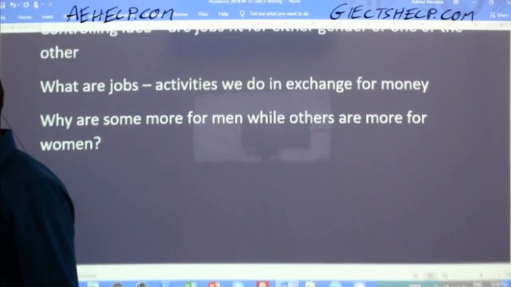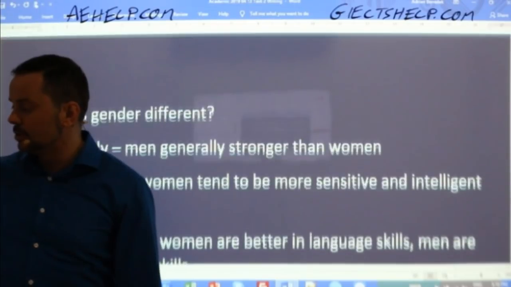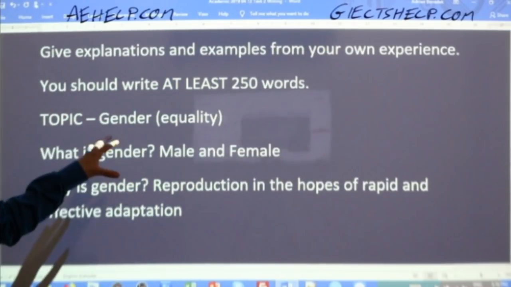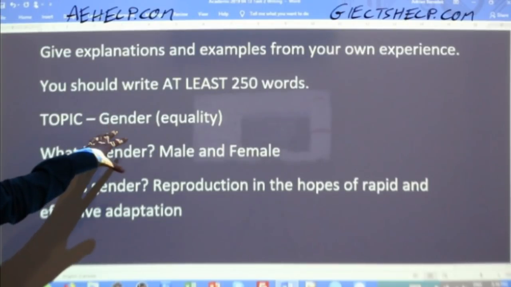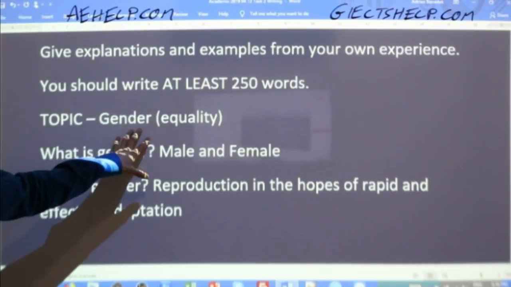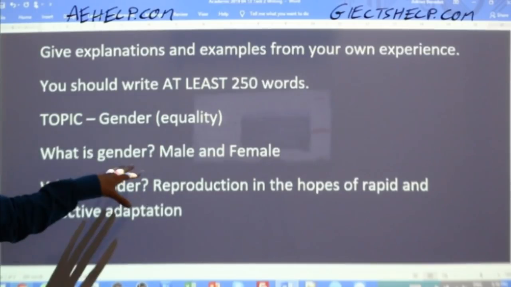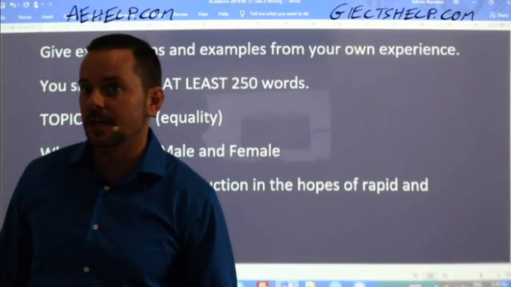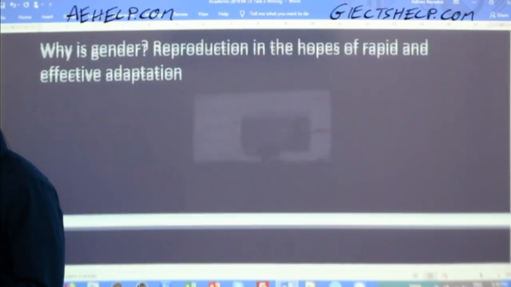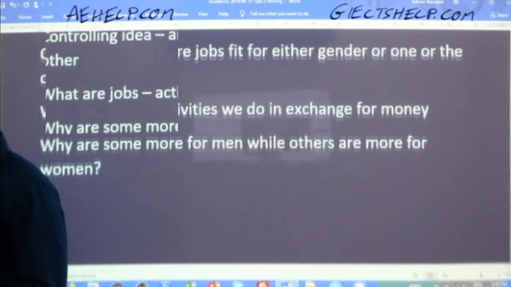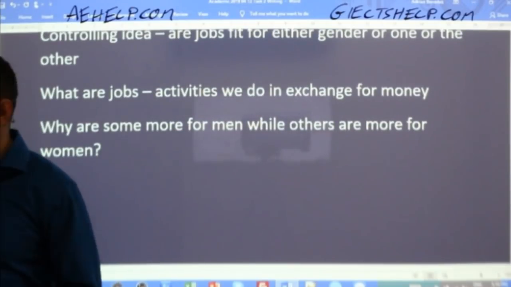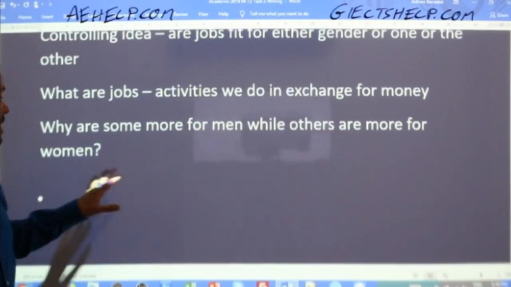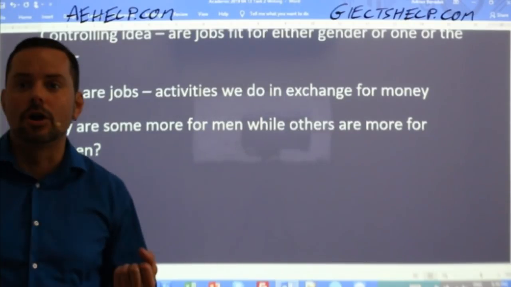Well, if you did good critical thinking with the topic, and now this is where, again, it's really important that you figure out the topic as gender or gender equality, and you figure out some of these key differences, right? Okay, so you figure out these key differences. And then you can think about, why is there this question of why are some more for men while others more for women?